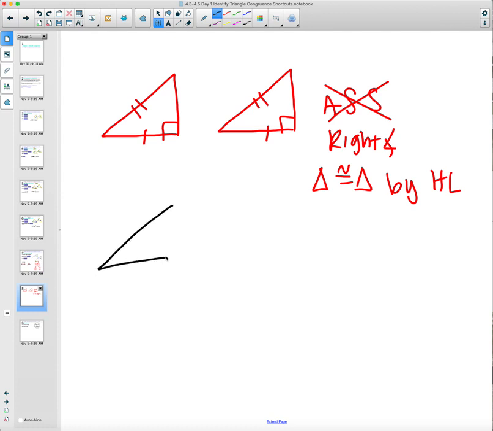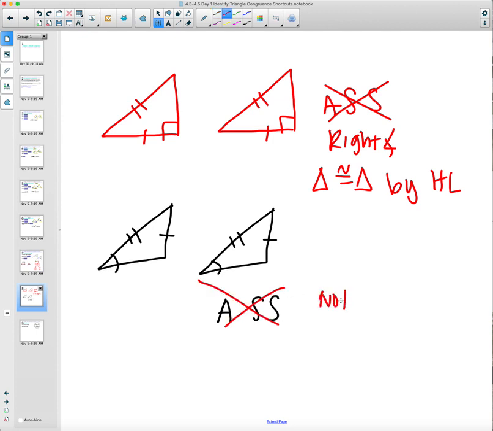If it looked like this, and you had something like this, now you have two sides and the non-included angle again. So then you would say, is it a right angle? And this is not a right angle. So then you would say the triangles are not congruent, because there is not enough information. So this is not enough information to determine if they are in fact congruent.